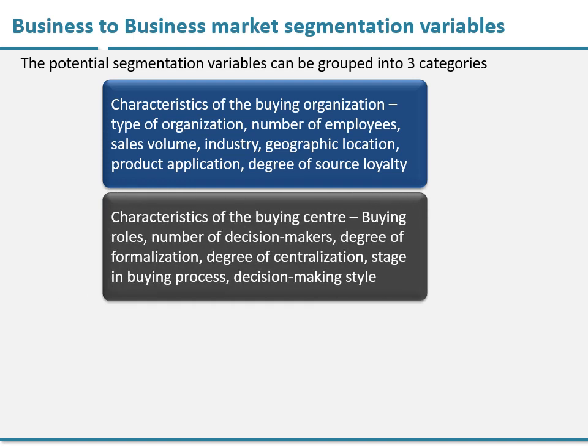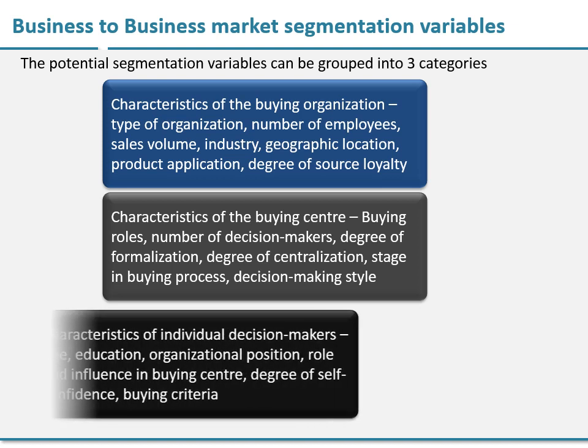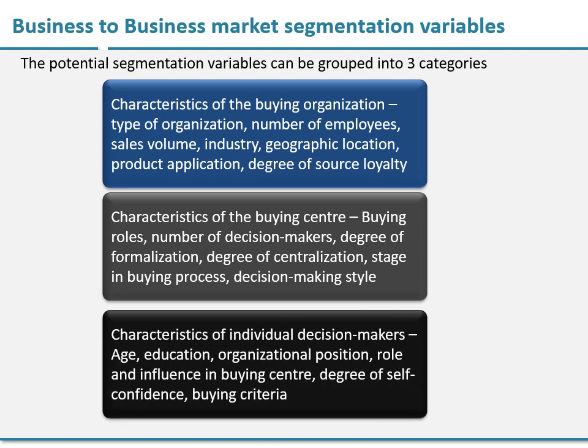Characteristics of the buying center: buying roles, number of decision makers, degree of formalization, degree of centralization, stage in buying process, decision-making style. Characteristics of individual decision makers: age, education, organizational position, role and influence in buying center, degree of self-confidence, buying criteria.